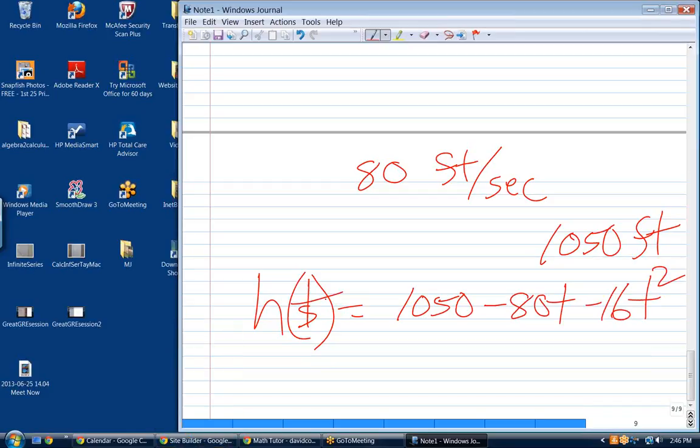Find its average velocity over the period 1, 4. And B is estimate its instantaneous velocity at time t equals 4.